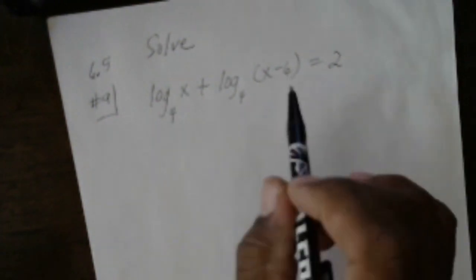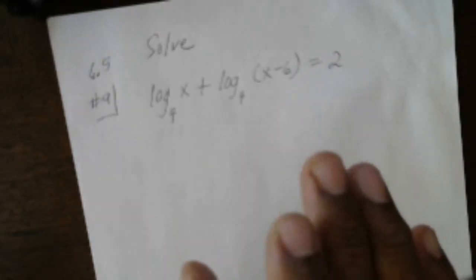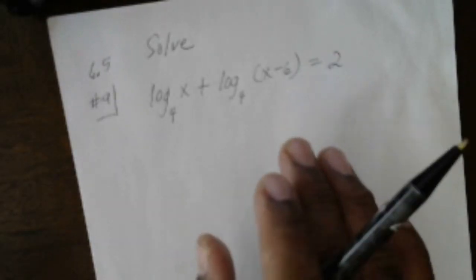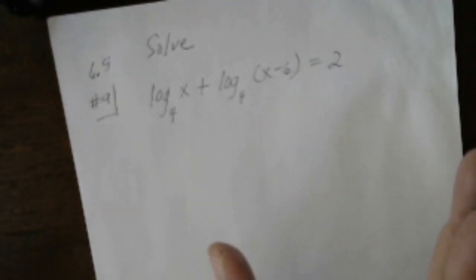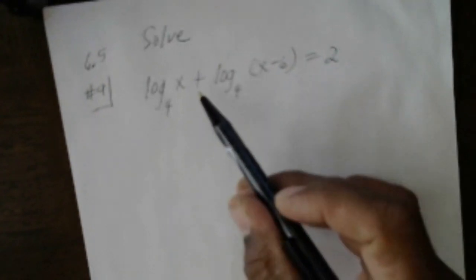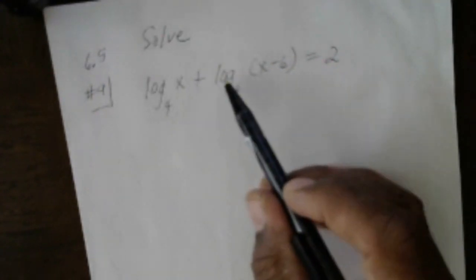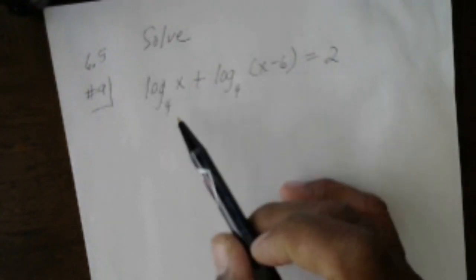So here again, my rationale is to get all of my logs on one side of the equation, write as a single log using the formulas, change that single log to an exponent and solve the exponent. All right, so I'm going to use that same product rule we used earlier. I can rewrite a sum as a product.